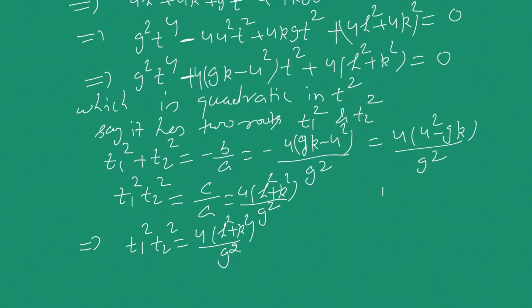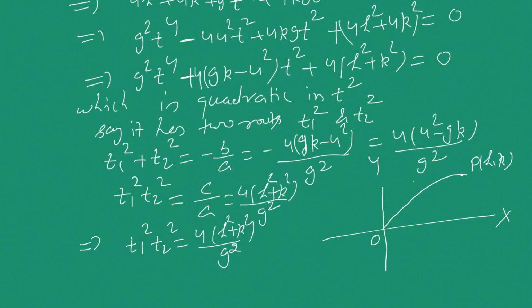Now we again consider the coordinates. This is x, this is y, this is the given point h comma k, and say this is hit from the projectile from point O. Say the time of flight for this is t1, and for another hit, something like this one, the time of flight is t2. If I join the point from here to here, this is the radius vector, the position vector.